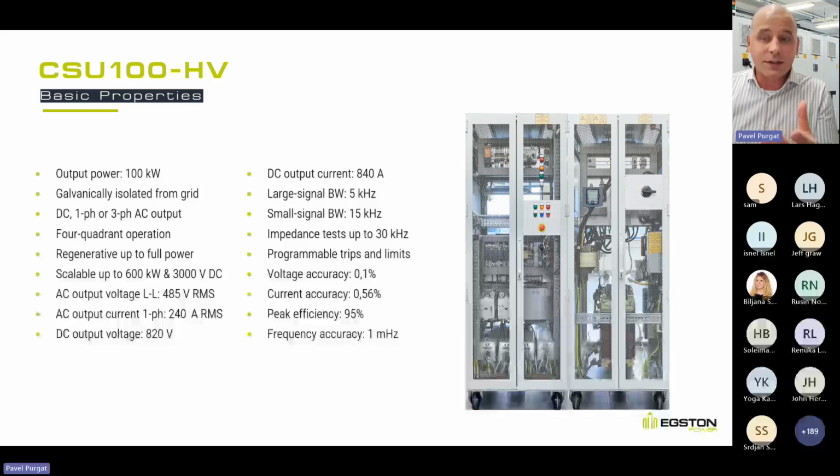But also, the signals are extremely clean. The THD at 50 Hertz is only 0.04% at no load. Such a unit can be scaled with power and also voltage. And what is important for this part of the presentation is the bandwidth. So it can go up to 30 kilohertz for measuring impedance or admittance.